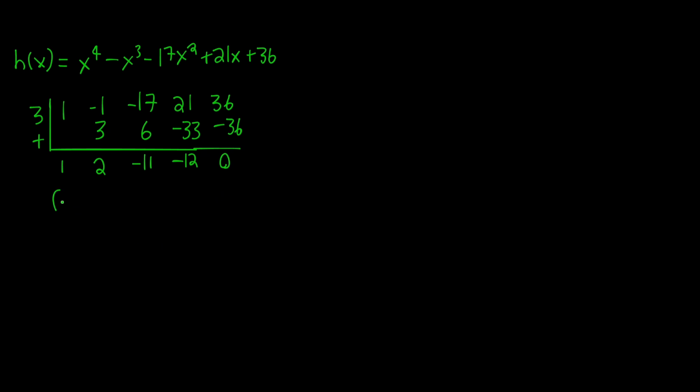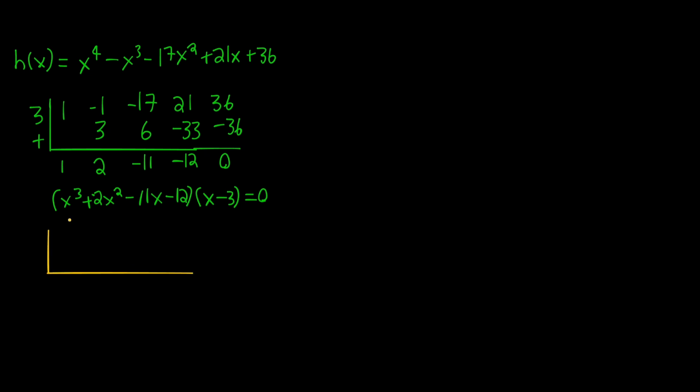So we're at the point of (x cubed plus 2x squared minus 11x minus 12) times (x minus 3) is equal to 0. So we're going to continue on with synthetic division. We find that you can actually do 3 again in this equation.